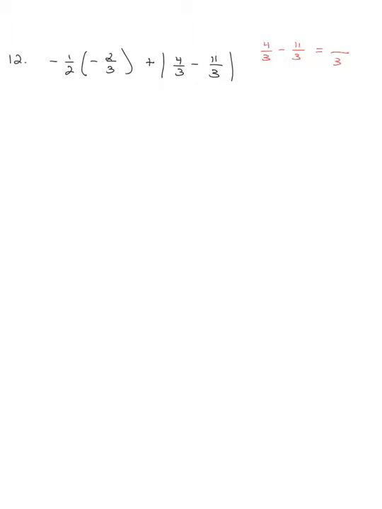So we get -7. This means I get -1/2 times negative 2/3 plus, that's the absolute value of negative 7/3, which becomes positive 7/3. So what is next is multiplication and then addition.